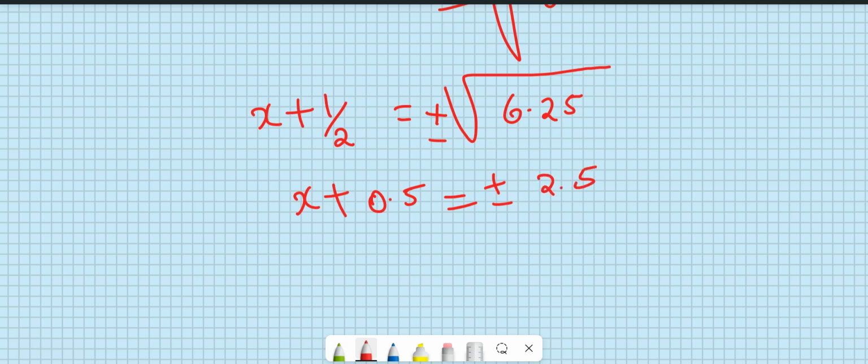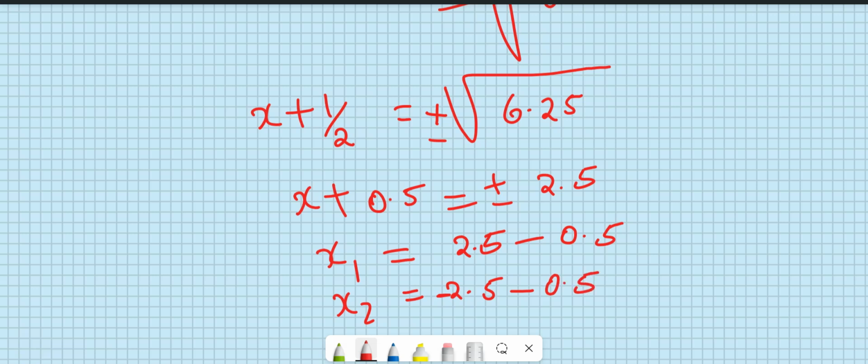So then the first x, x1, will be given by 2.5 minus 0.5, and then x2 will be given by negative 2.5 minus 0.5. So let's see what this is.